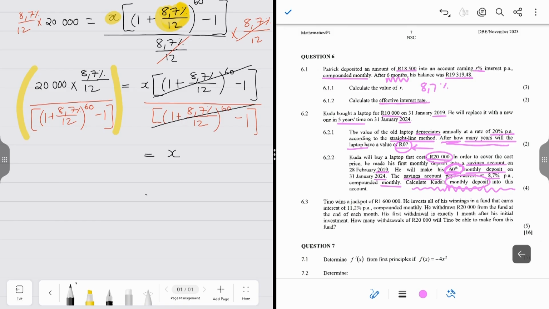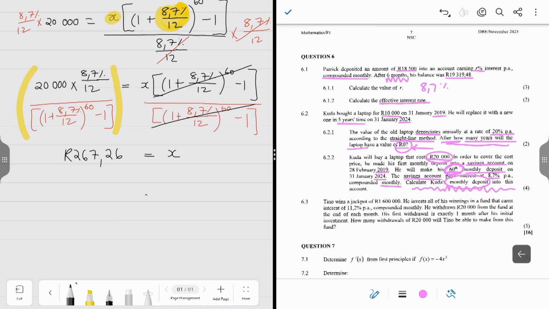So when we put that into our calculator, we should get 267.2611, and we are going to round it off to 267.26. So we've got 267.26. There is my X value over there.